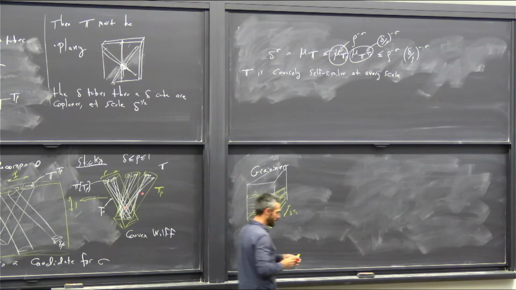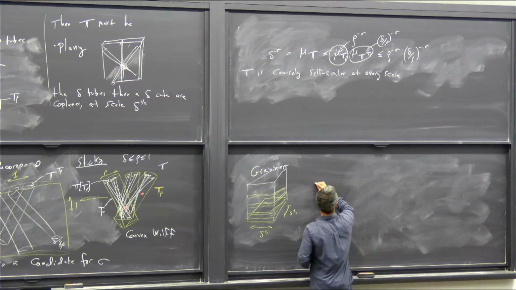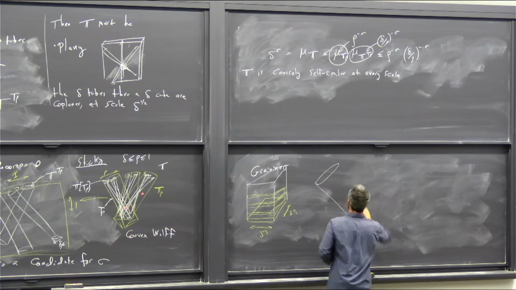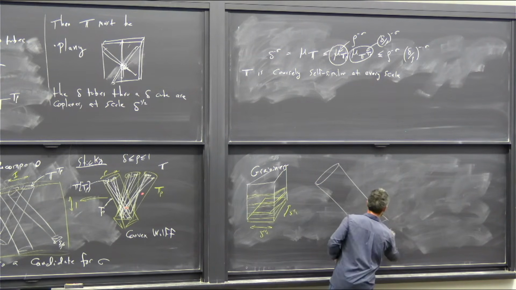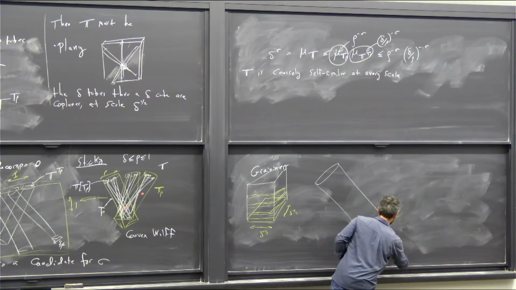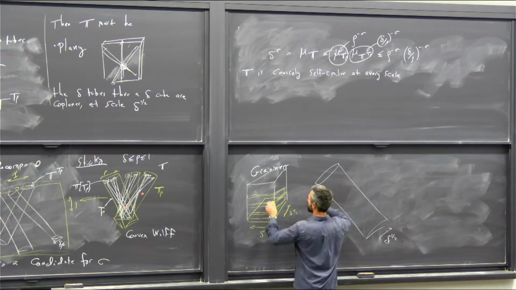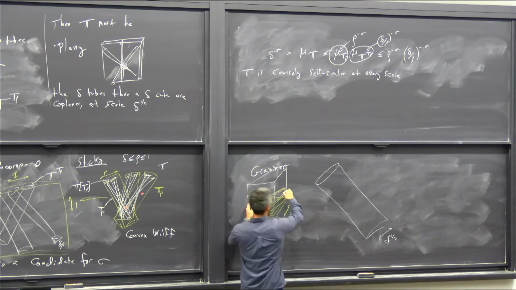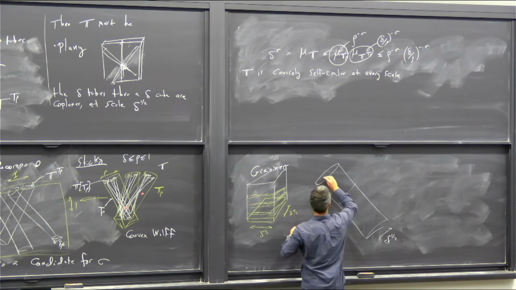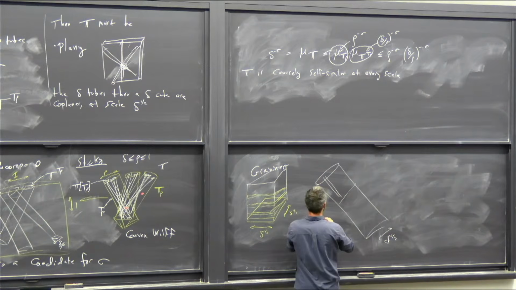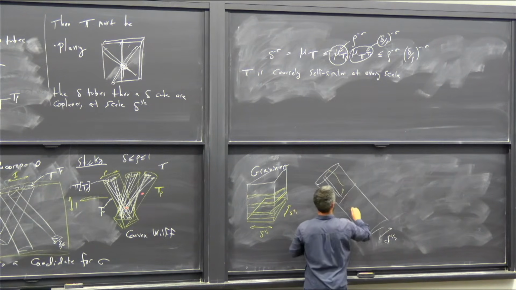OK. This is happening at every location in scale. And so a useful scale to look at is scale root delta. I'm going to take a tube whose width is delta to the 1/2. And inside of that, I'm going to see a whole bunch of copies of this picture. I suppose they're tilted on their side because the directions of the grains are going to have to be consistent with the direction of this tube.